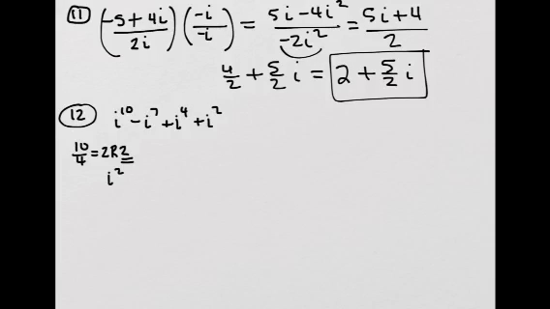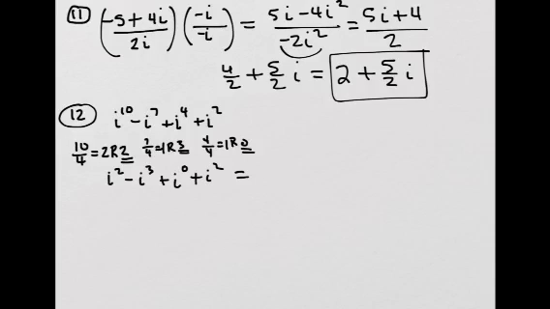And then 7 divided by 4, that's 1 remainder 3. I'm looking at 3 only, so I bring it down as negative i to the third. And then the next one, 4 divided by 4, that's 1 remainder 0, so then it's plus i to the 0. And then i squared is just i squared for now.